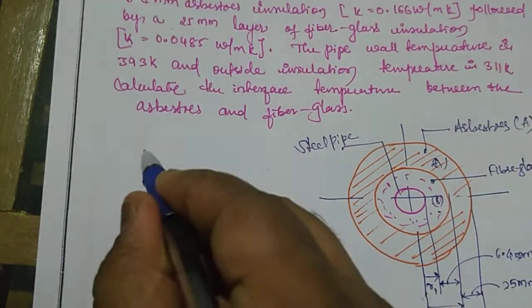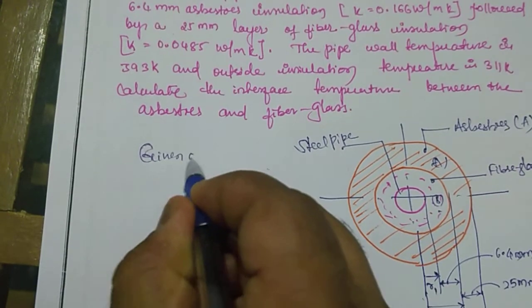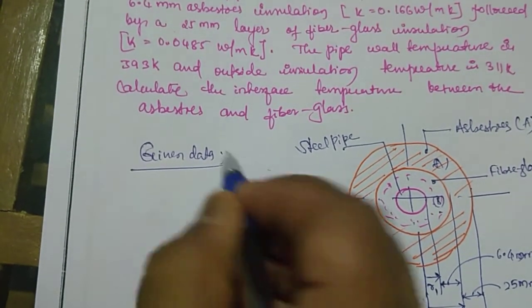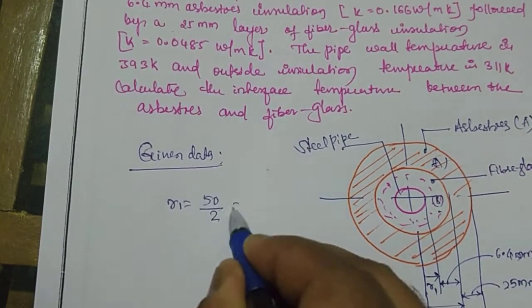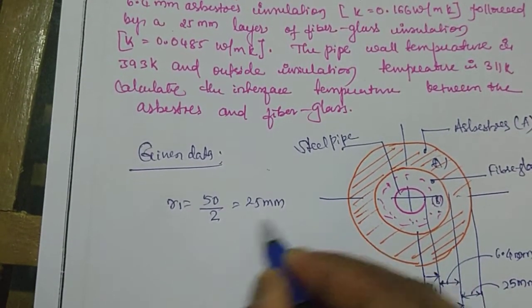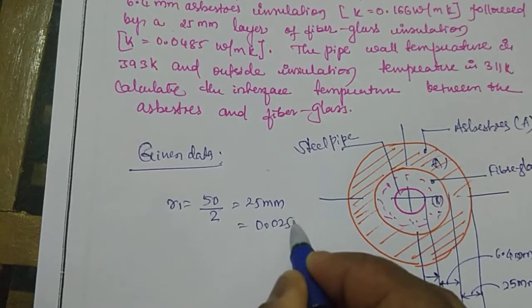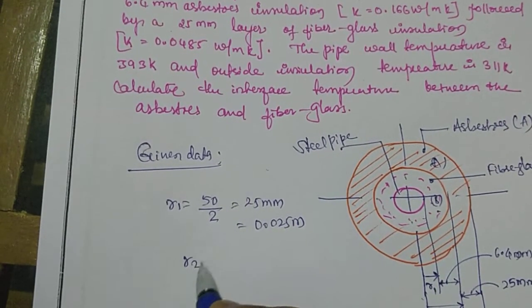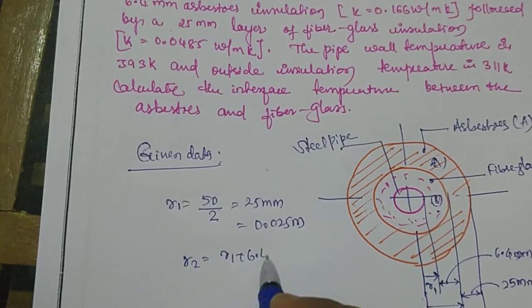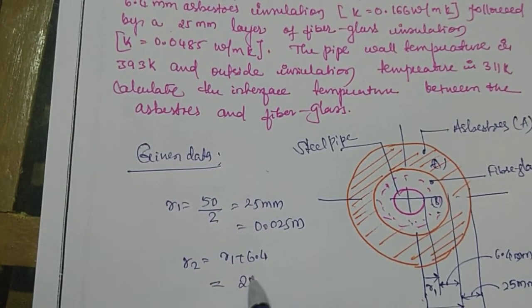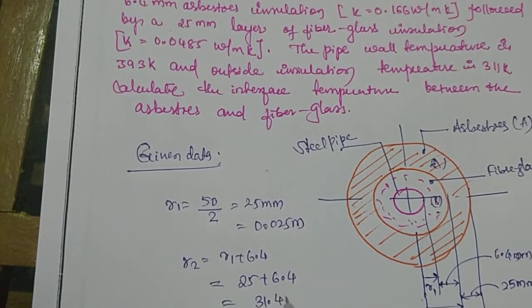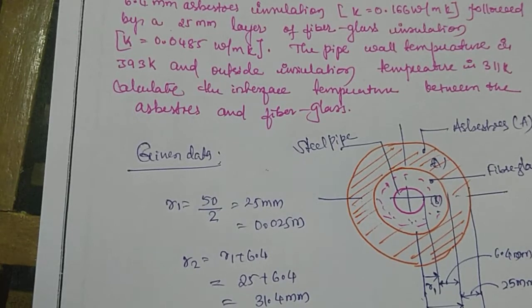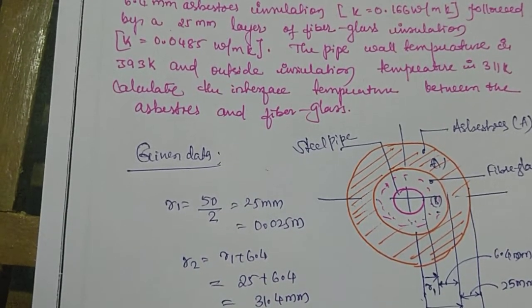First, write the given data. R1 is equal to 50 by 2, which is 25 mm, or 0.025 meter. R2 is equal to R1 plus 6.4, that is 25 plus 6.4, which is 31.4 mm, or 0.0314 meter.